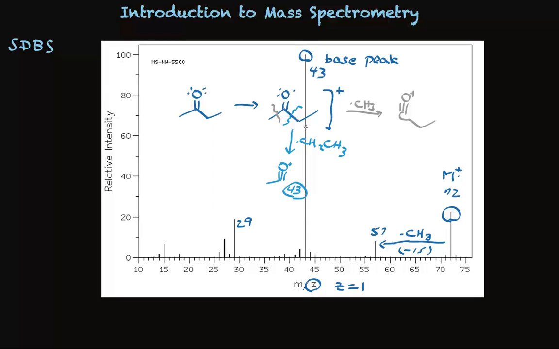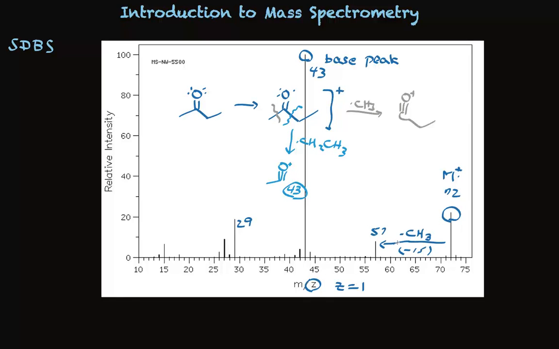So breaking the bond adjacent to the carbonyl, losing an ethyl group or a methyl group, makes lots of sense because we form a structure that we've learned is especially stable for an ion, because all atoms have a filled outer shell.